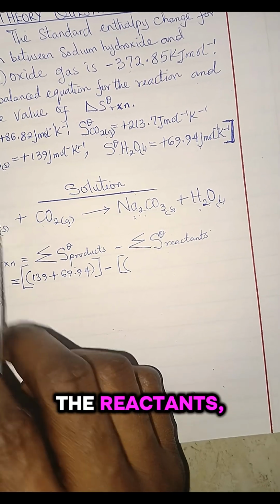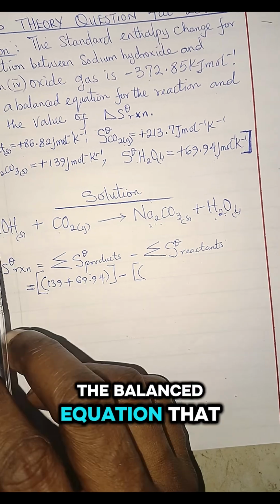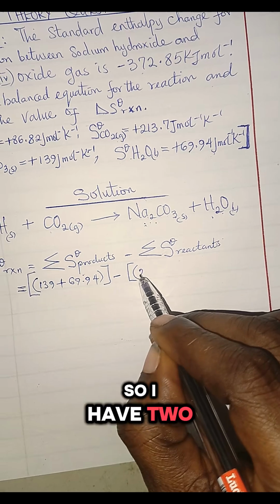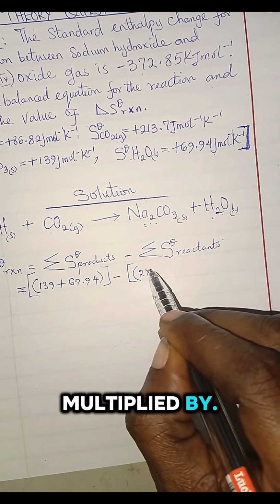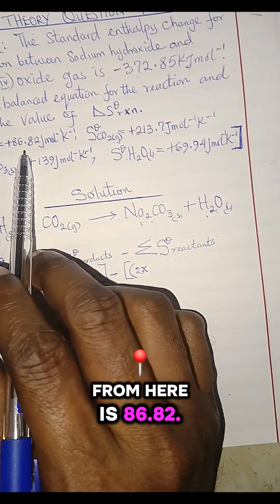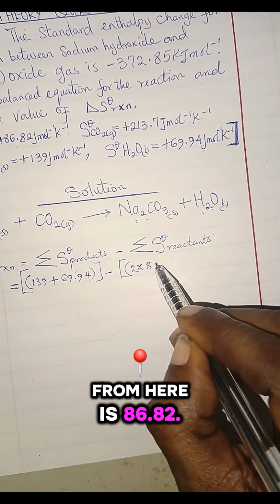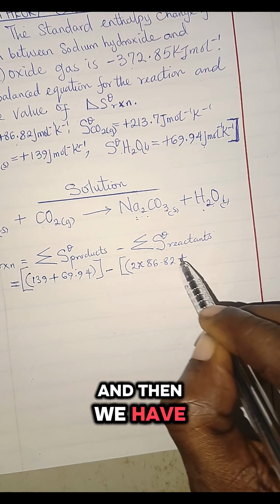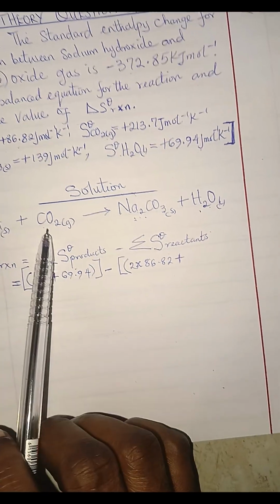Coming to the reactants, you can see from the balanced equation that we have 2 moles of sodium hydroxide. So I have 2 multiplied by the entropy value for sodium hydroxide, which from here is 86.82. And then we have carbon dioxide.